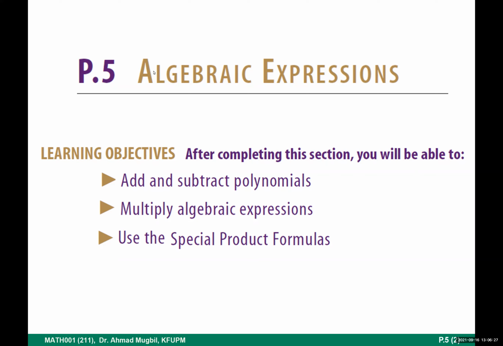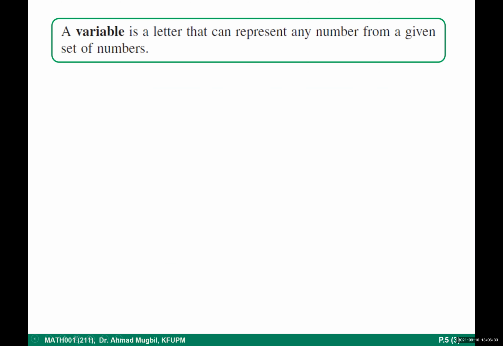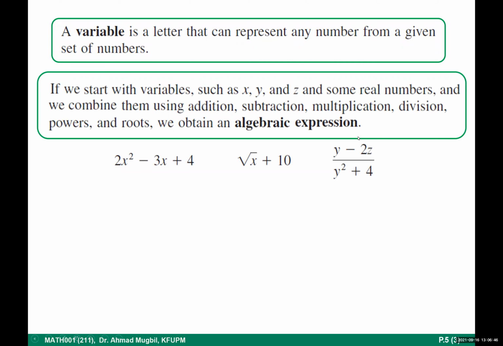First of all, I believe that all of you know what we mean by a variable. It is just a letter that is used to represent any quantity, any real number. An algebraic expression is a combination of variables, powers, addition, subtraction, any algebraic operation.